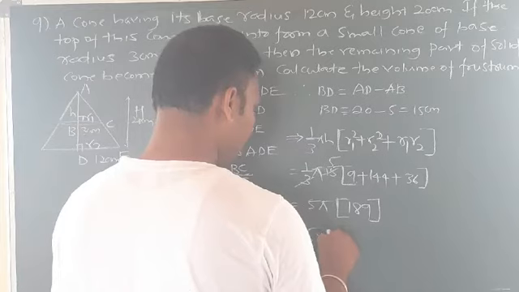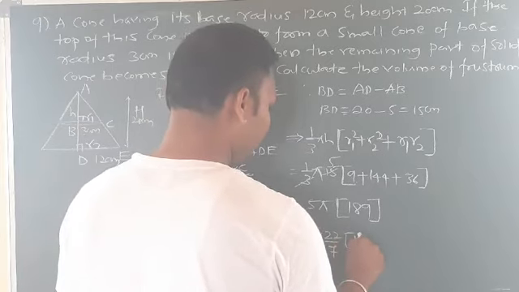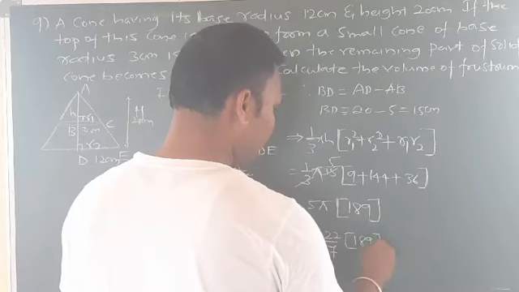Now we will get 22 by 7 into bracket of 189.